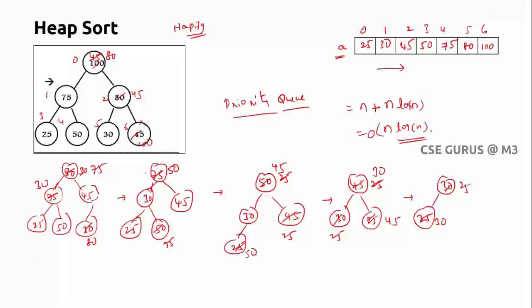That is the advantage of using binary trees. You will get the complexity as n log n only, in the best case, worst case and average case. So like this we get the concept of heap sort.